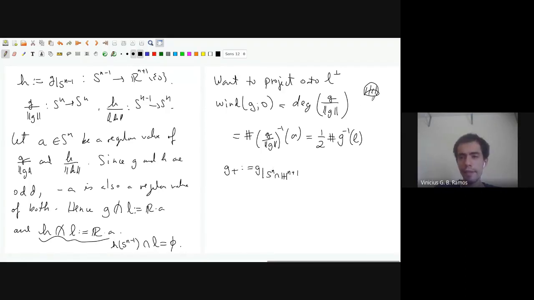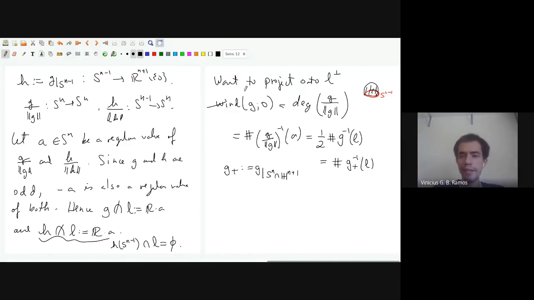Since the line L does not intersect the image of G along this equator, and again the function is odd, the number of points where G intersects L is just twice the number of points where G plus intersects L. So that's the other clever observation: this is now equal to the number of pre-images of G plus.